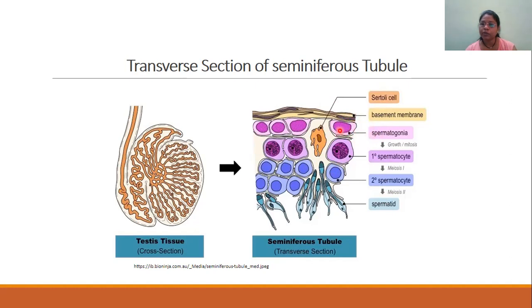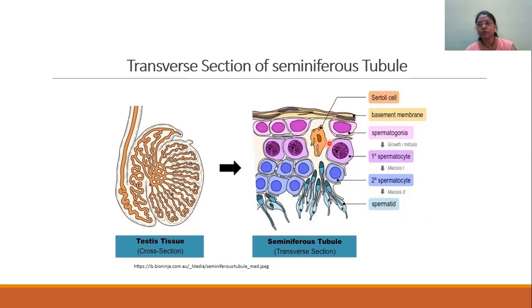These are spermatogonia. Spermatogonia undergo mitosis and form primary spermatocytes. Primary spermatocytes undergo meiosis 1 and form secondary spermatocytes, and secondary spermatocytes undergo meiosis 2 to form spermatids. So in this case, we have seen the details of the Sertoli cell.